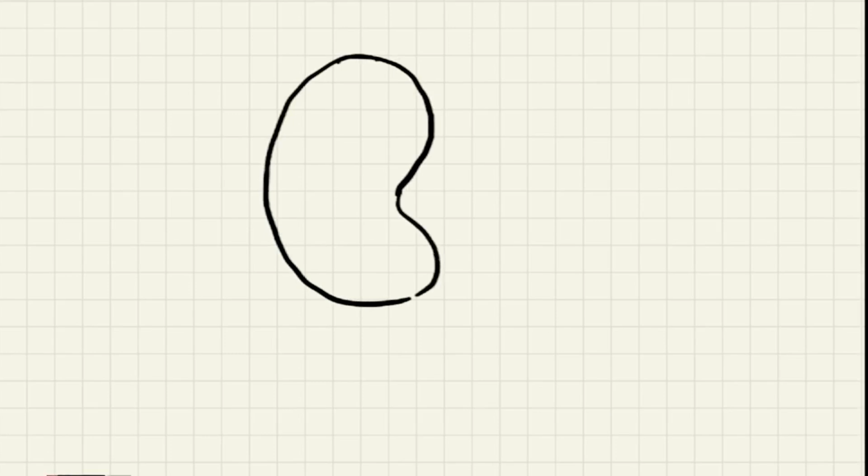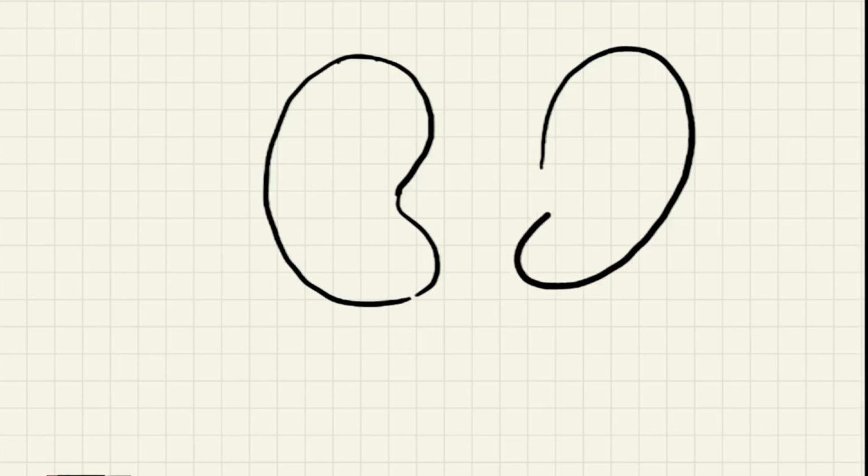So you should try to draw the kidneys. The kidneys are bean-shaped structures on either side of the vertebral column. And you can see the kidney has got 3 layers. The coverings are 3.